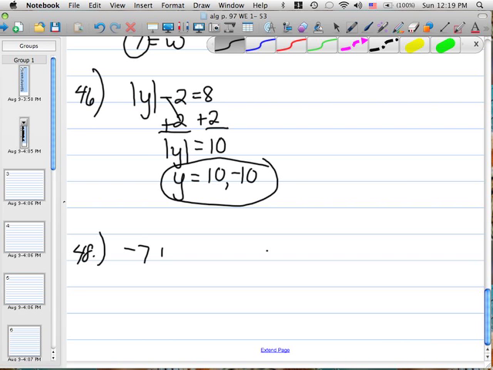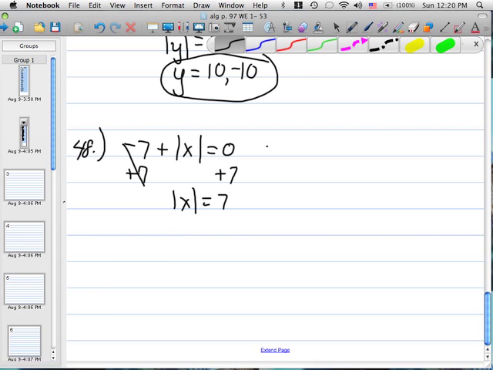48, you have negative 7 plus the absolute value of x equals 0. I'm going to get the absolute value first by itself, so I'm going to add 7 to both sides. So now we have the absolute value of x equals 7. There are two numbers whose distance is 7 spaces from 0, 7 and negative 7.